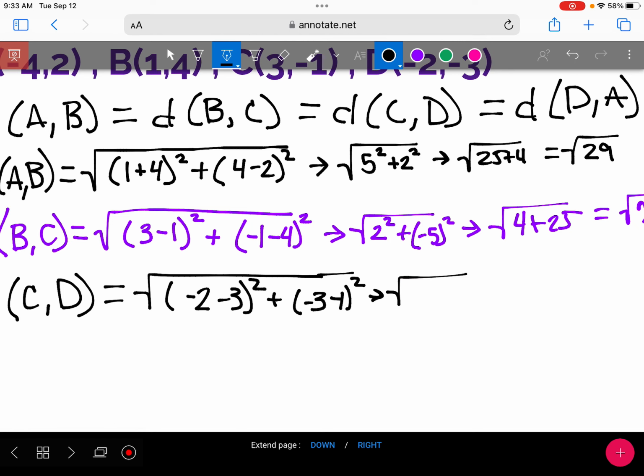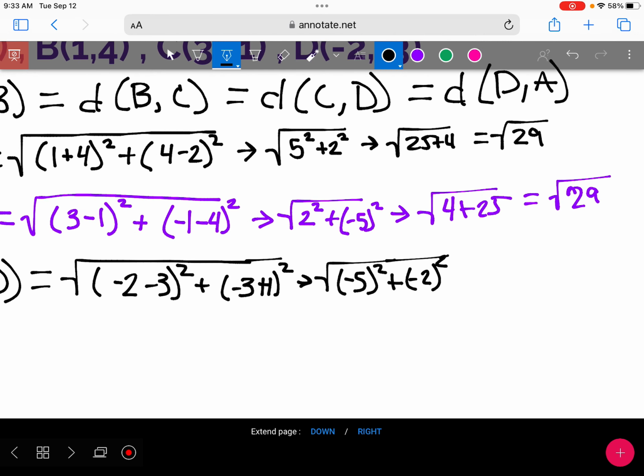So we get the square root of negative 5 squared plus, oh, I missed the negative sign there. Here we go. 3 plus 1. So it's plus negative 2 squared. Equals, once again, square root of 25 plus 4. So once again, we have the square root of 29. And we're almost done with distances.